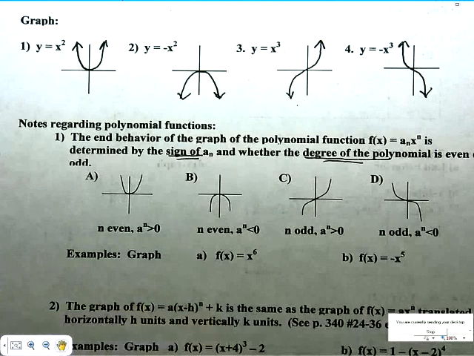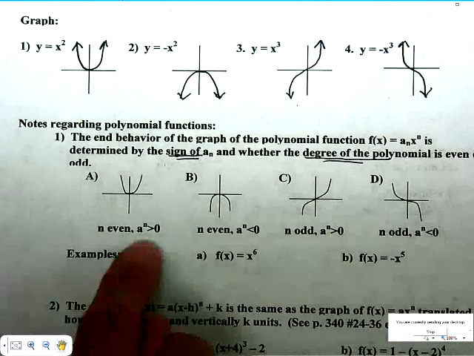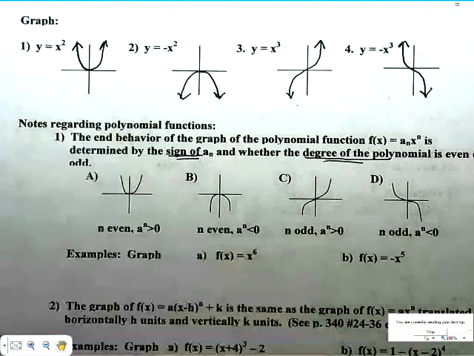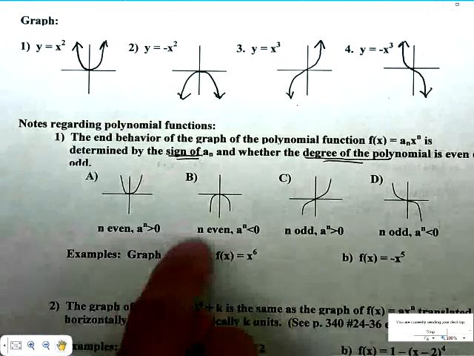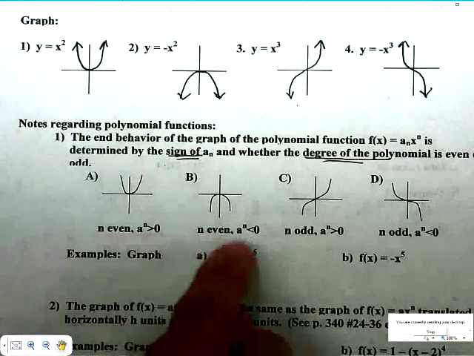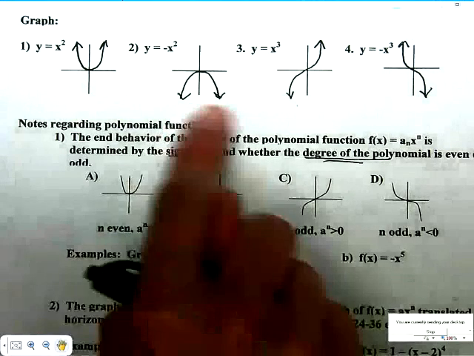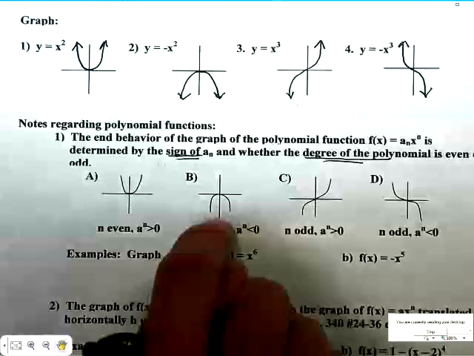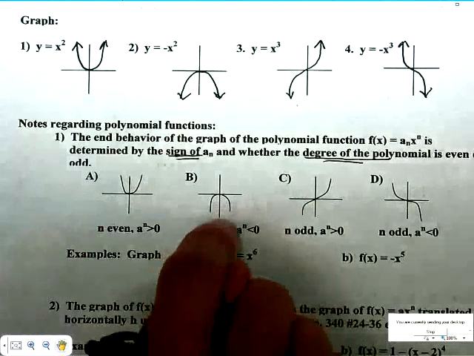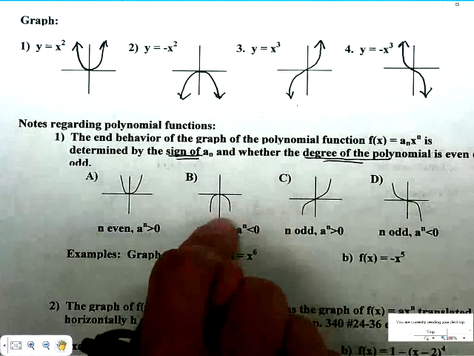But if you're not using graph paper, you can't tell the difference between y equals x squared and y equals x to the 4th. If it's even degree with a positive coefficient, it's going to look like x squared. If it's even degree with a negative coefficient, it's going to look like negative x squared. So this may be negative x to the 6th instead of negative x squared. It's going to go down on both ends.